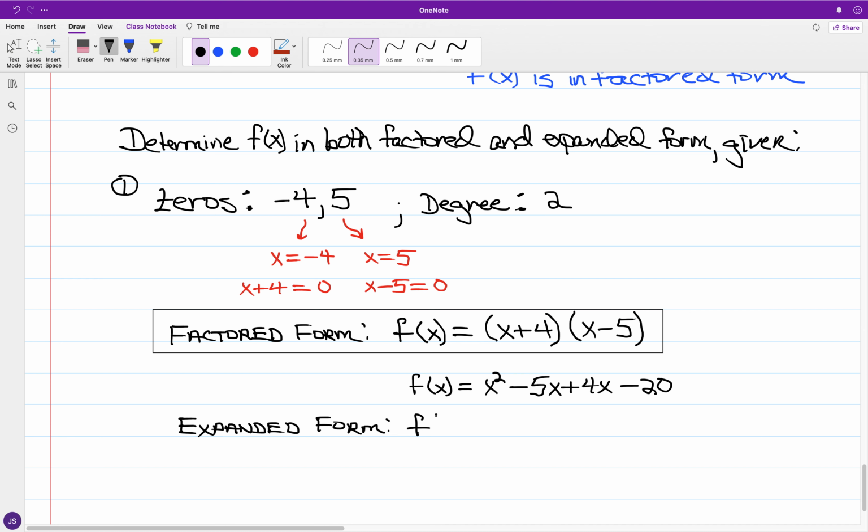Whereupon we're going to have f of x equal to x squared minus x minus 20.